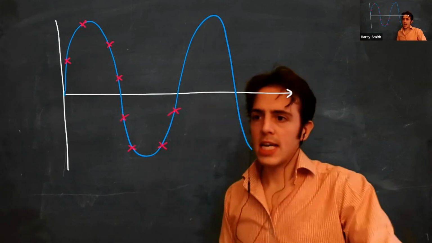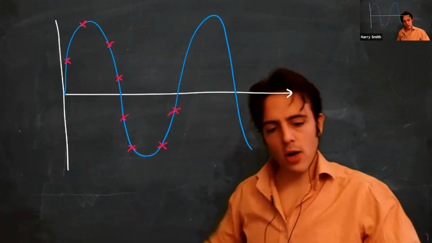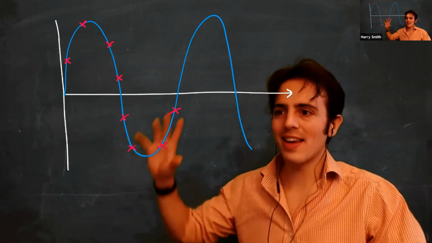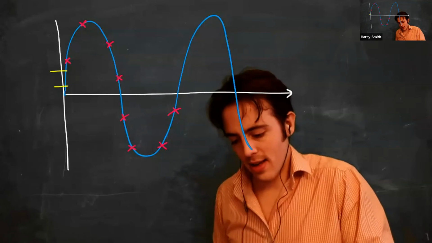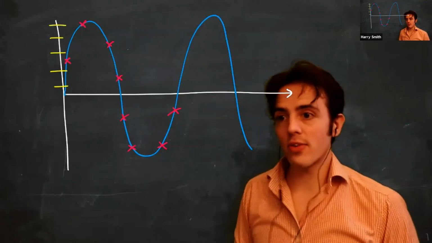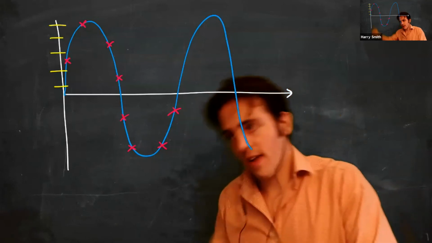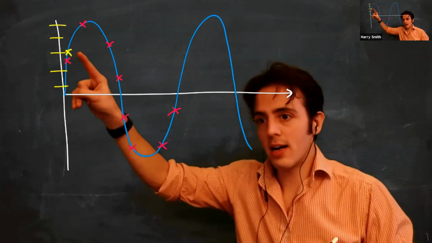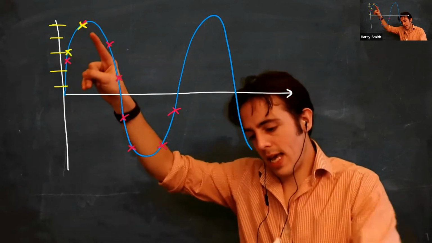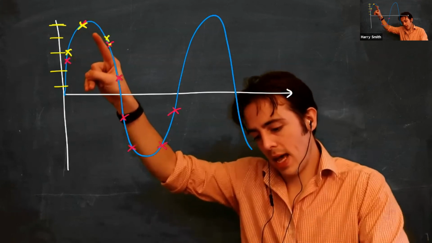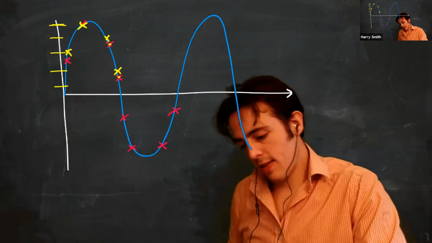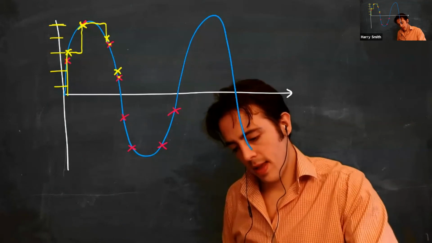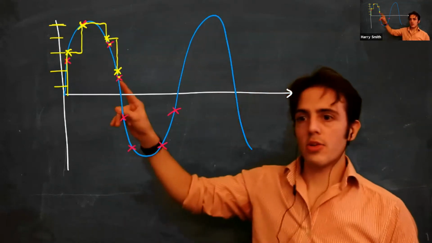Now if our ADC has a resolution such that I can only record at these discrete levels, then it actually means that this first one up here couldn't be recorded at this intermediate value. It would actually be here. This one would be aligned here, this one here would be here, and this one here would be here. So this signal, when I reproduce it, would be more like this. Okay, so we're jumping around.